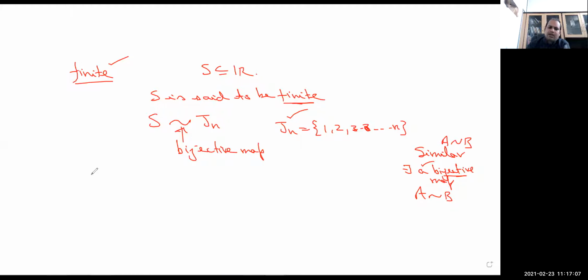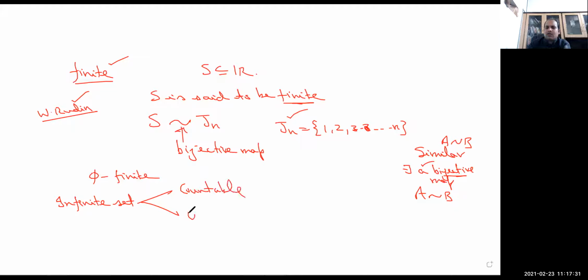See, the empty set is assumed to be finite. I have taken this definition from the book of Walter Rudin. And an infinite set will be either countable or uncountable.